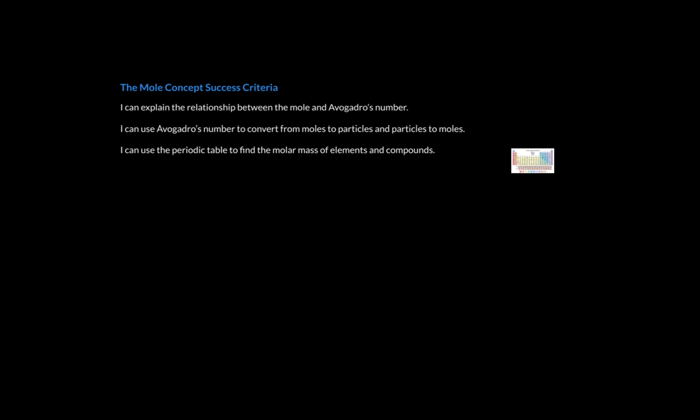So the first thing you guys want to know here is what the mole is.